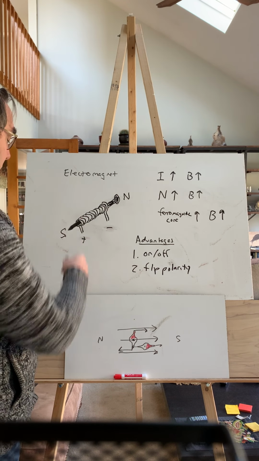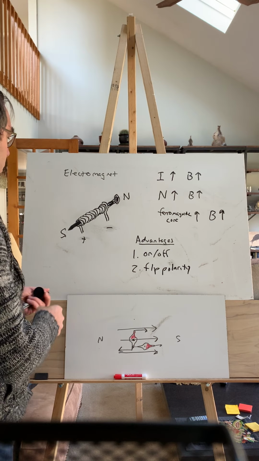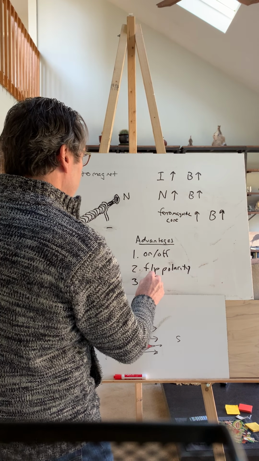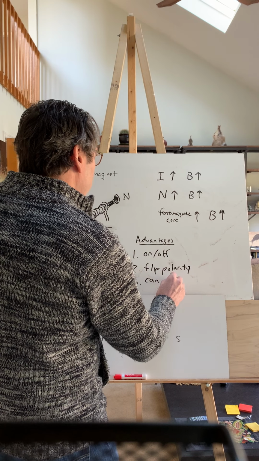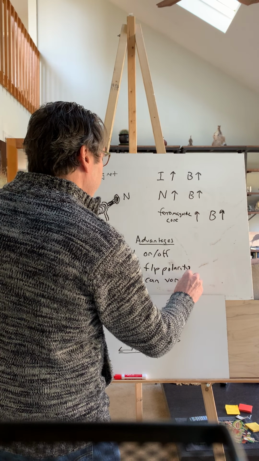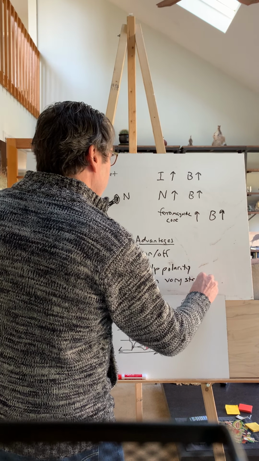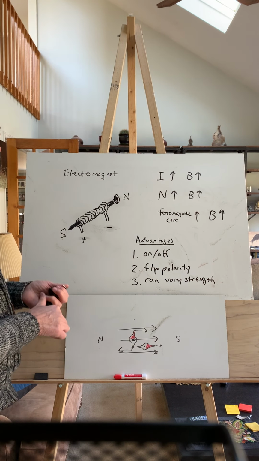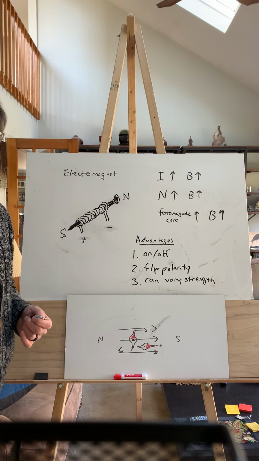We can do this almost instantly. Now the third advantage is we can vary the strength. So all those things are advantages of the electromagnet.